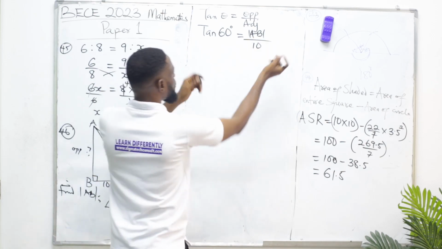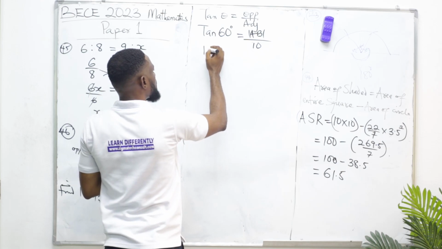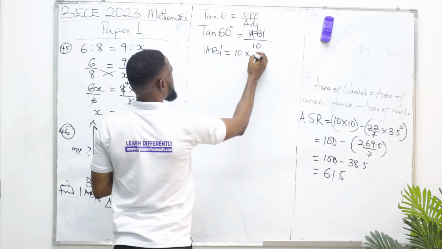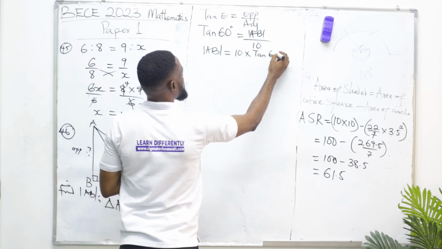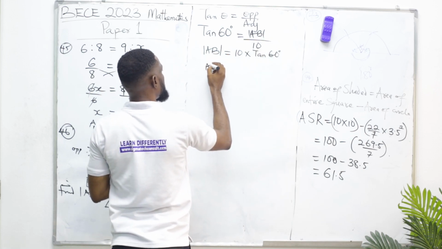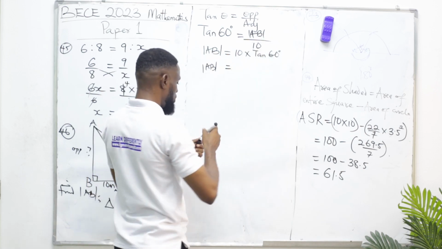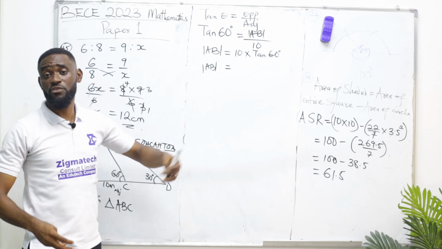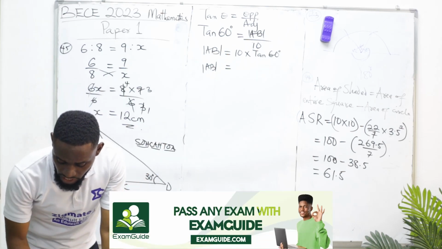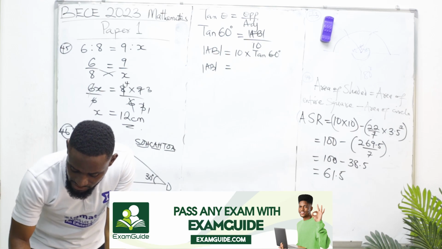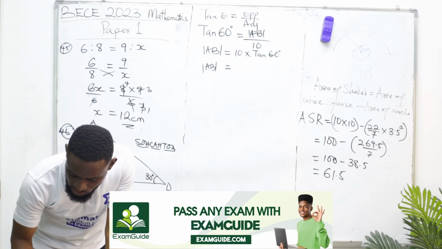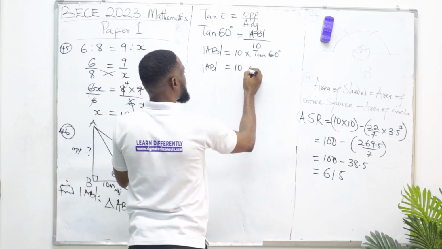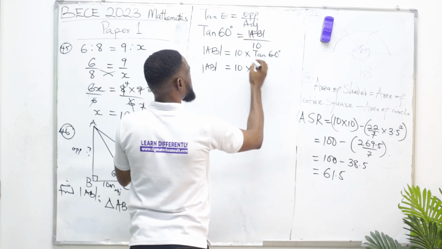So if we cross multiply, AB is equal to 10 times tan 60 degrees. You have your calculator, you just check tan 60 degrees, or even your four-figure table, but I will use the calculator. Tan 60 is root 3. So this means 10 times root 3.